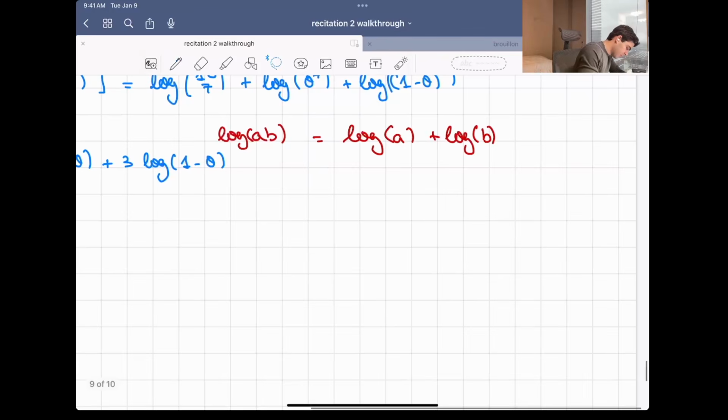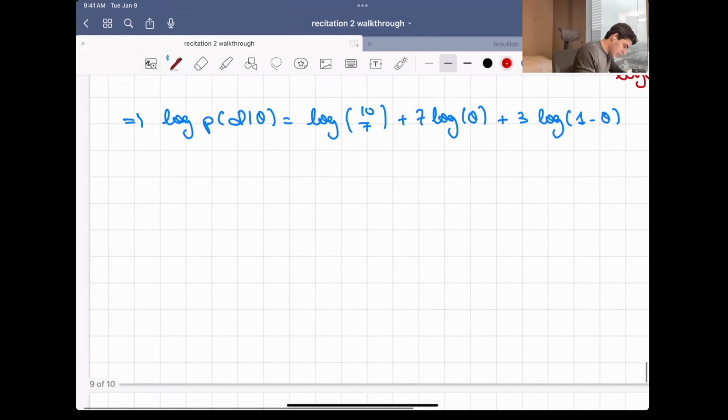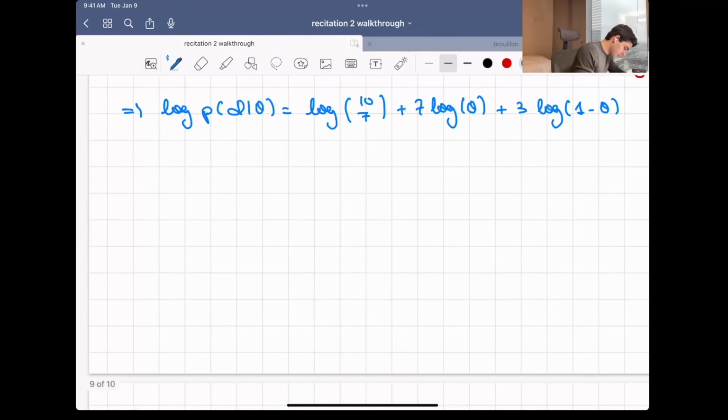And here we used another rule, which hopefully everyone knows: log a to the n is equal to n log a.